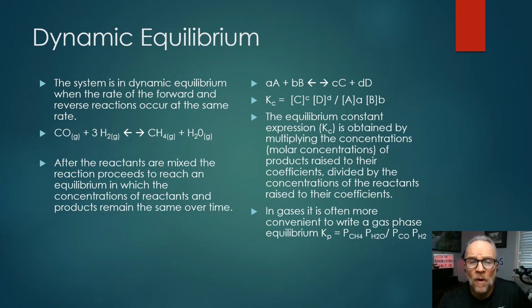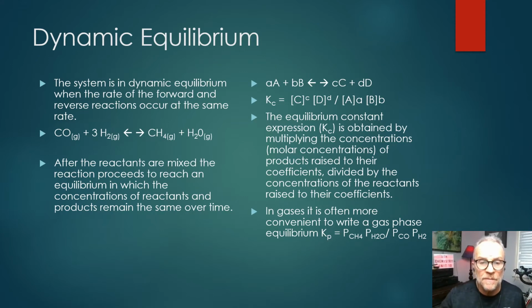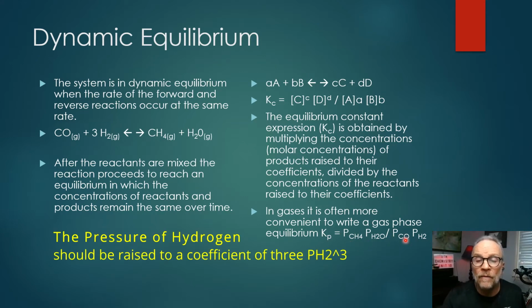You can also write these in terms of the partial pressures of gases involved in a reaction. And so we see here our example of the pressure of methane times the pressure of water, the partial pressures of those species, divided by the pressure of the reactants, which is carbon monoxide and hydrogen.